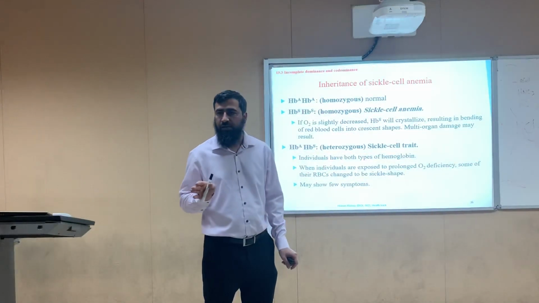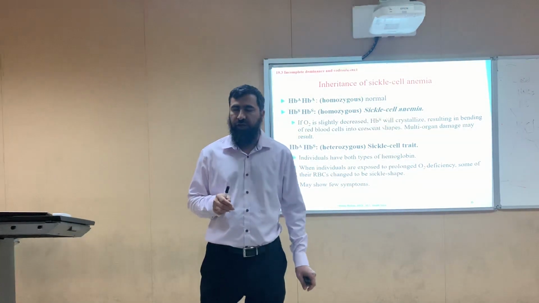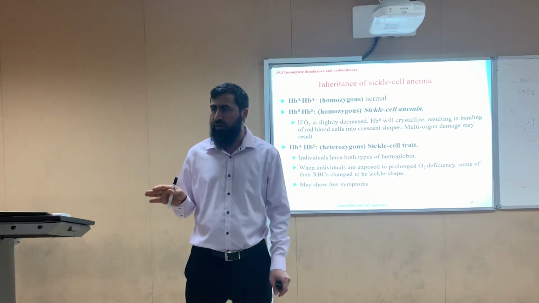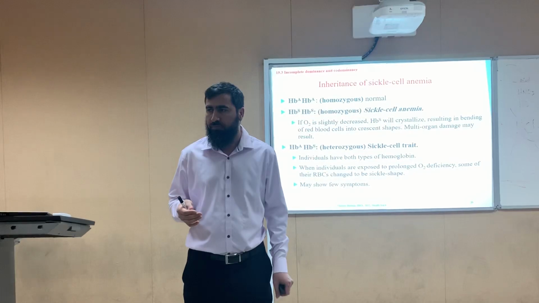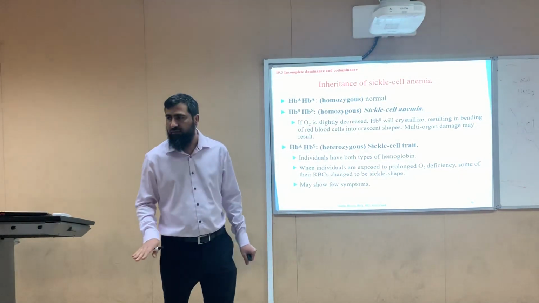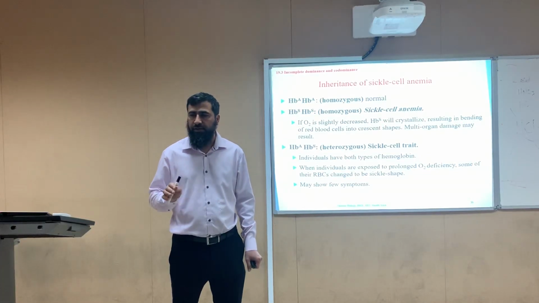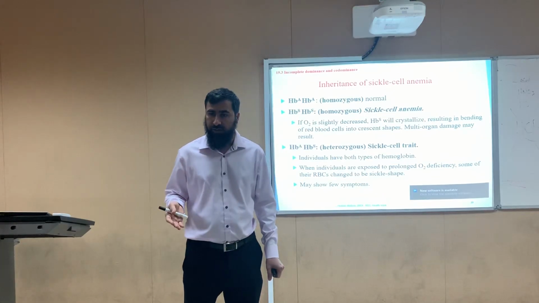In normal oxygen, the shape is the donut shape. If the cells are exposed to prolonged low oxygen levels, you get the sickling. Some cells sickle, so it's incomplete dominance.